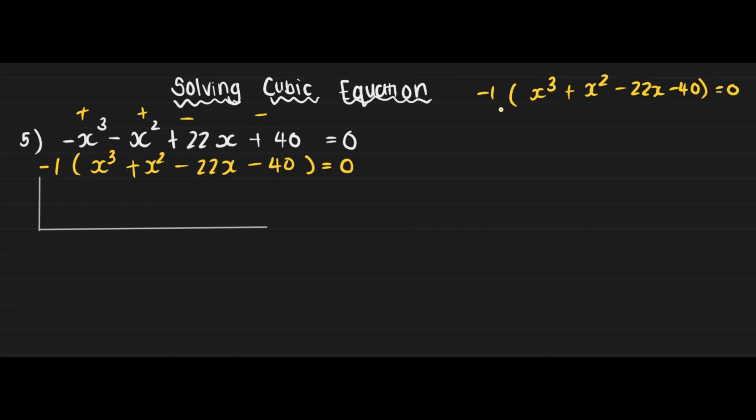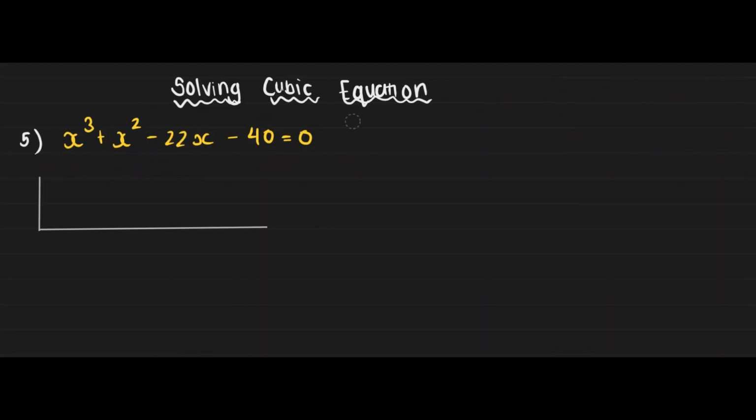Since it's equal to 0, we can divide both sides by negative 1. And when we divide by negative 1, the negative 1s are going to cancel out. So you're going to have x cubed plus x squared minus 22x minus 40 is equal to 0. So this is going to be our new one. So I'm going to replace it here. So this is the new one when we took out negative 1 as a common factor.